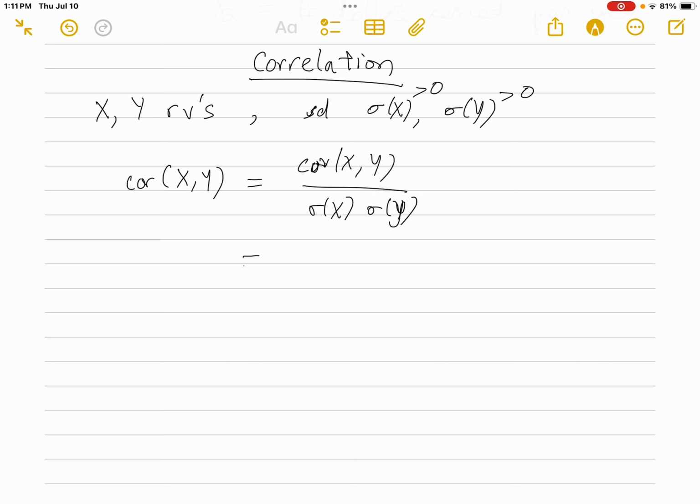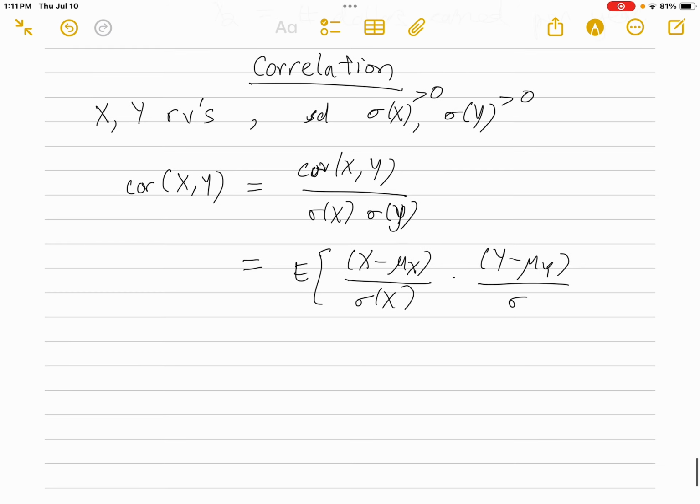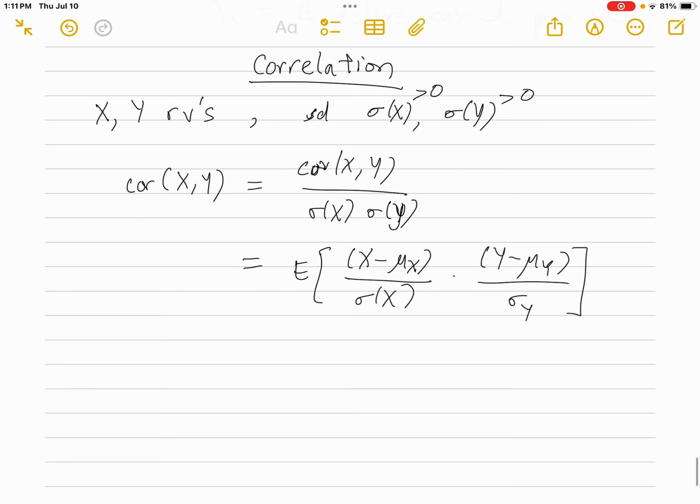Well, we can write that using the definition of the covariance as the expectation of (x minus mu x, the mean of x, over sigma of x) times (y minus mu y over sigma y).